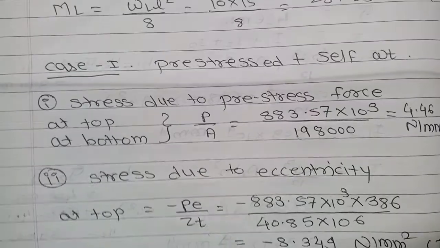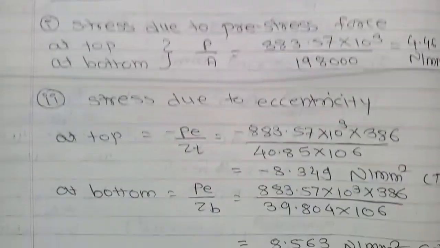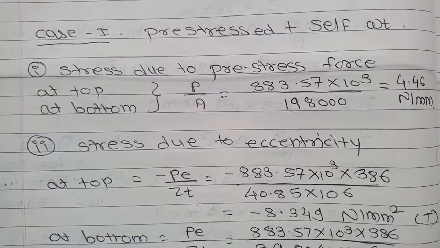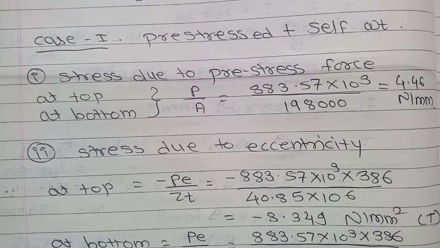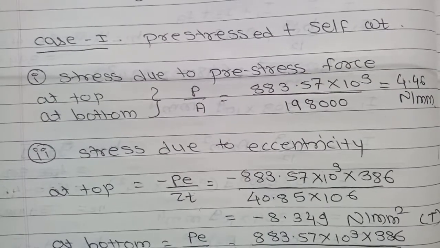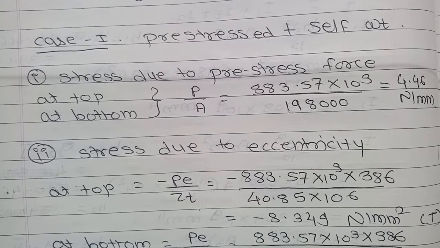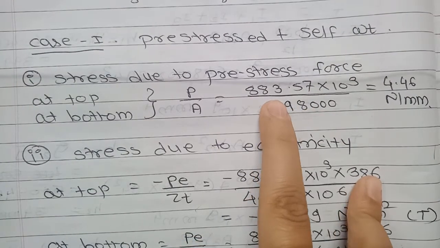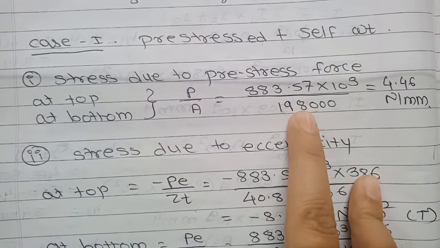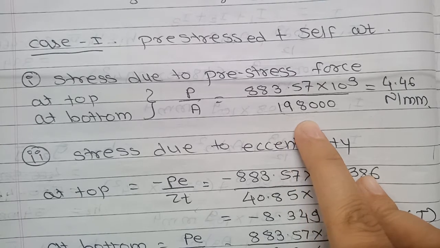Now stress calculation. Case 1, pre-stress plus self-weight is given in the problem. We have to calculate case 1. In that, first of all, find stress due to pre-stressing force at top and bottom, that is positive P upon A, we found pre-stressing force, that is 883.57 into 10 raised power of 3 divided by total area 198,000.